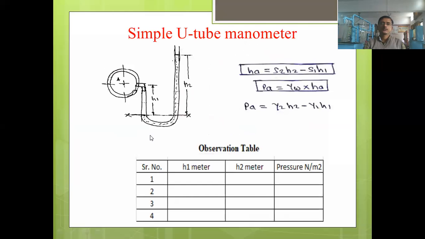Okay. Then next, simple tube manometer. You can draw the diagram for the simple tube manometer. H1, H2. Observation table: serial number, H1 values, H2 values, and pressure.